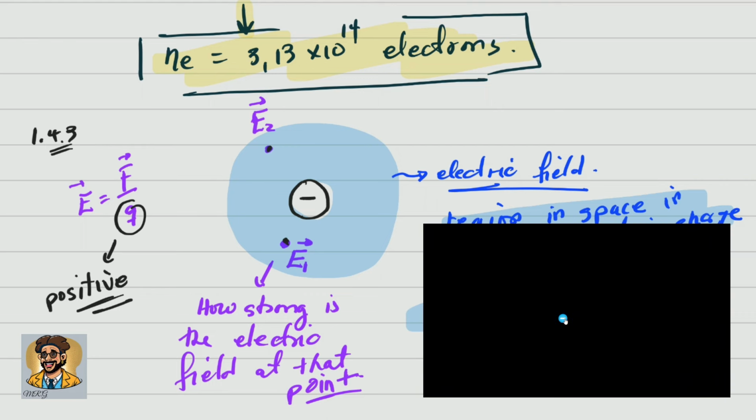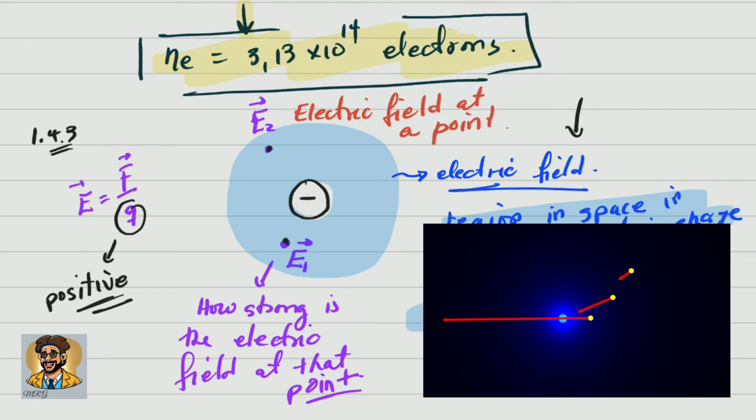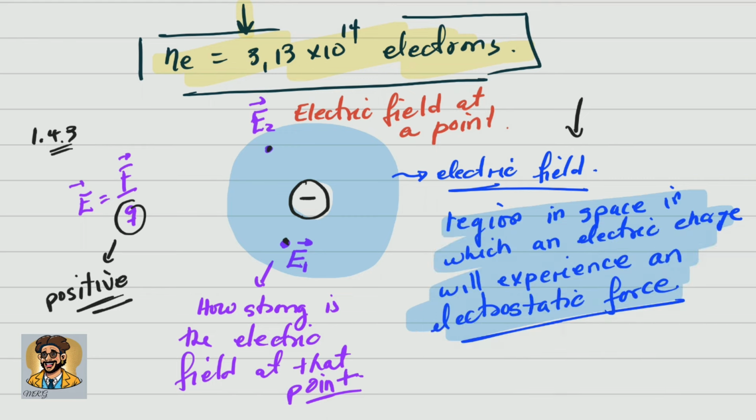So we know how strong is the electric field at that point if the charge I used to test it was a positive charge. That is the difference between electric field on this side and electric field at a point on this other side. So I hope these two definitions are now clear.